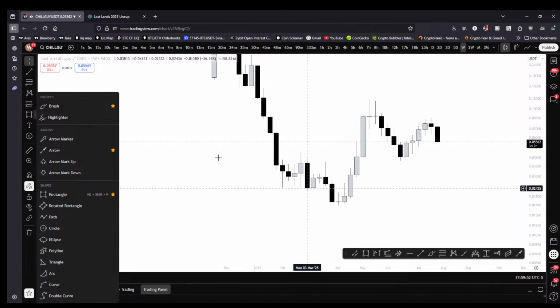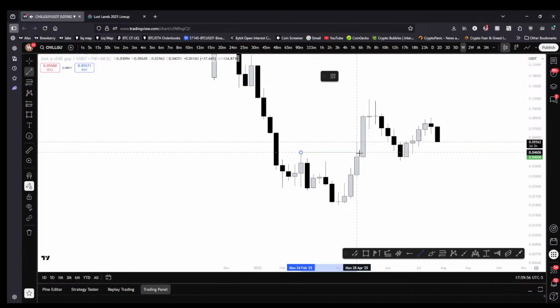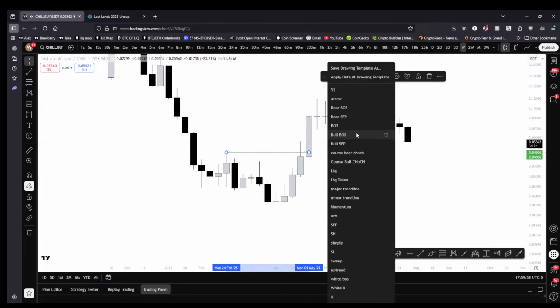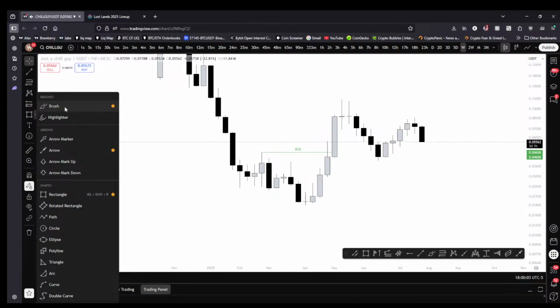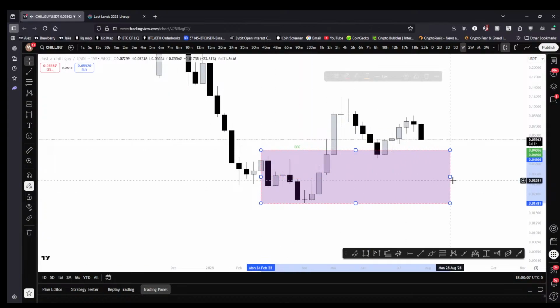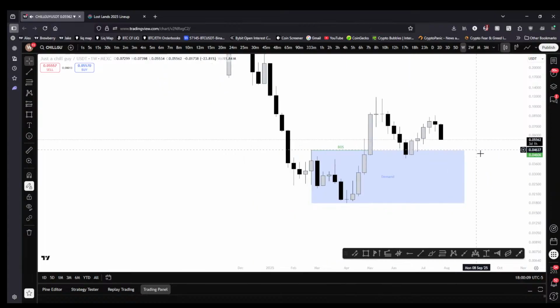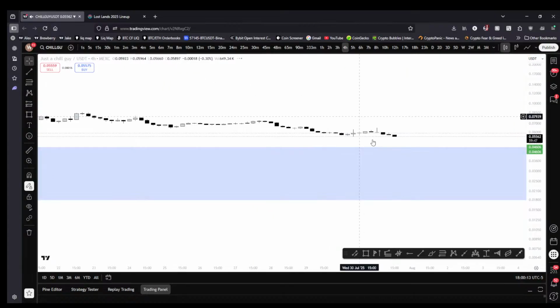High, low. We break structure here on the weekly. This range becomes demand. So if you got a 4 hour break of structure here, we could have gotten in off the weekly demand.